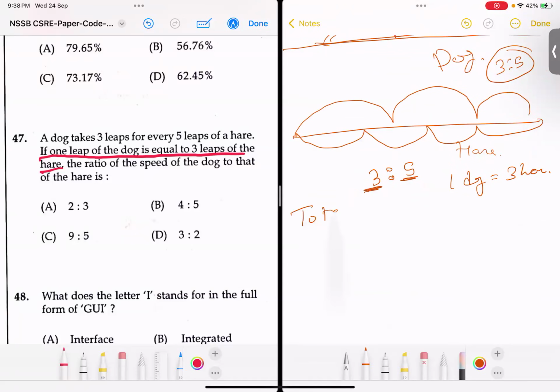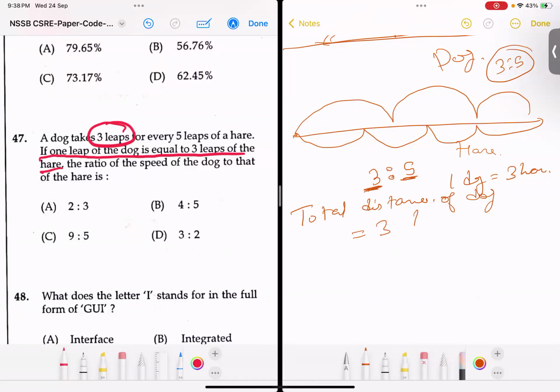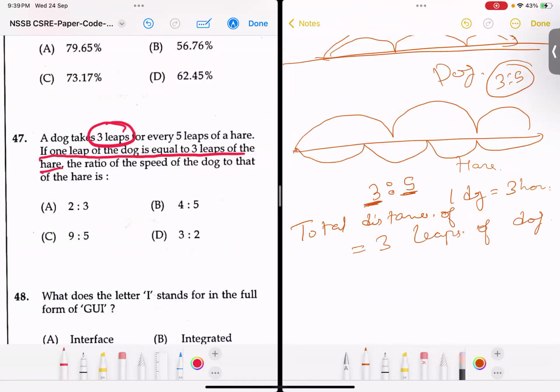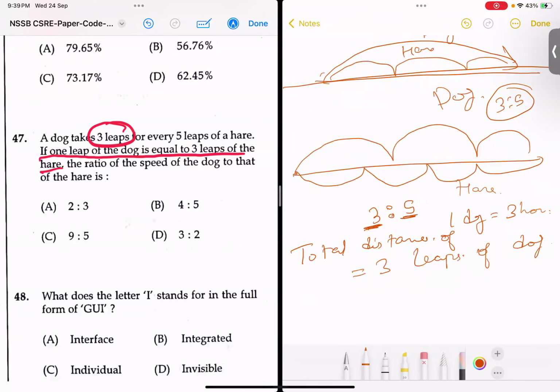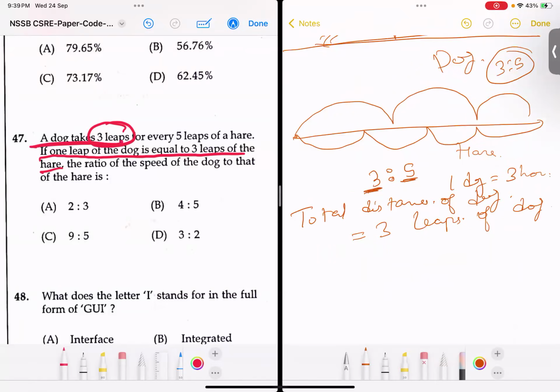Now let's see the total distance, okay? Now how much distance has the dog traveled, right? Now the dog takes 3 leaps, right? Total distance of dog is how much? 3 leaps. The dog has taken 3 leaps, right? So total distance of the dog is equal to 3 leaps of dog.